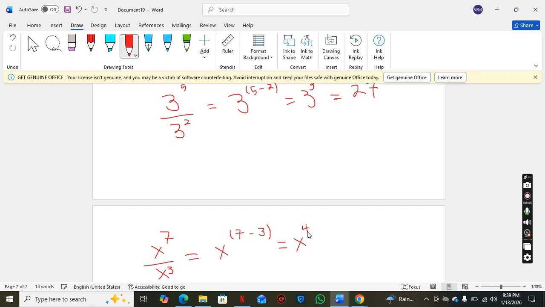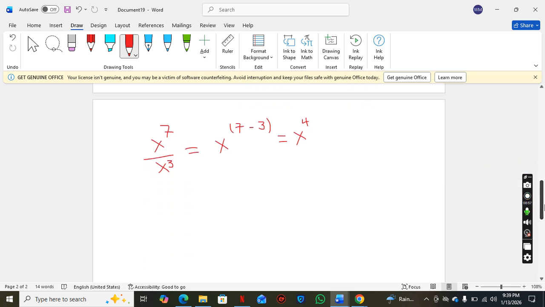These laws only work if the bases are similar. If the bases are not similar, you cannot apply the law. That's what you need to remember.